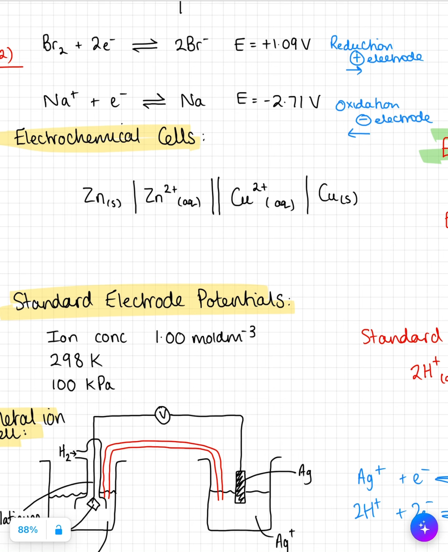So the single line is a phase boundary. So that's an interface between the electrode and the solution. That's what we call a phase boundary. What we've got with the double line is the salt bridge. We're going to talk in more detail what a salt bridge is, and then we've got another phase boundary.